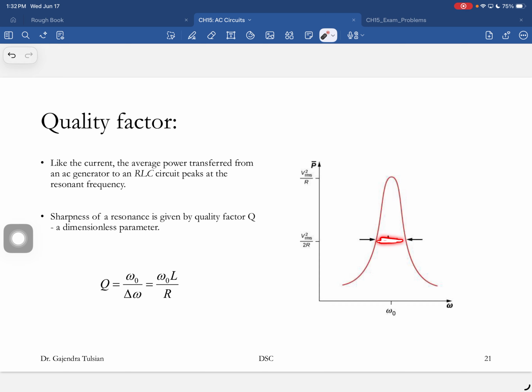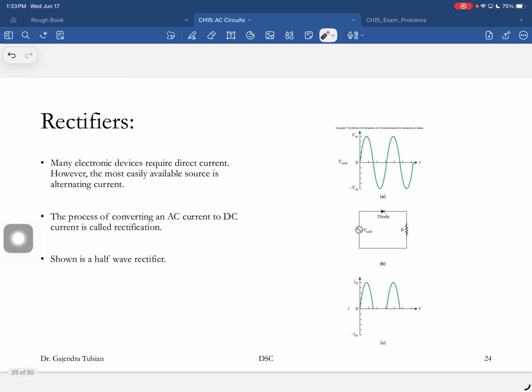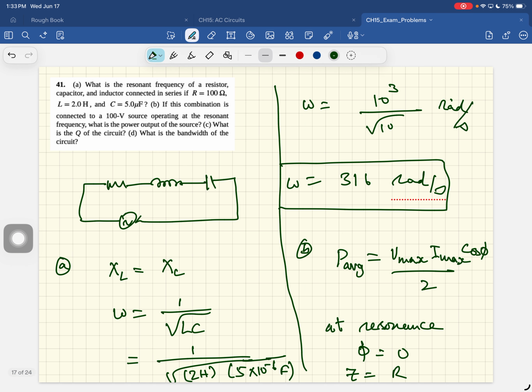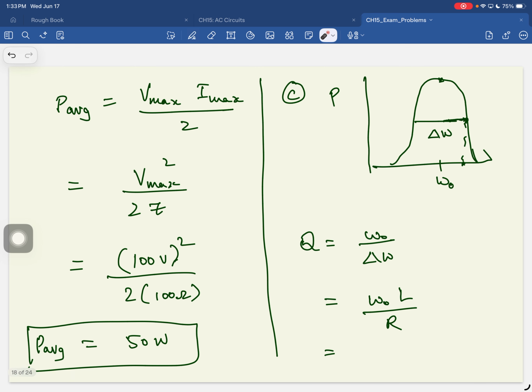VRMS, IRMS, this is the input power, should equal VRMS, IRMS output. So IRMS input is V out over V in times I out.